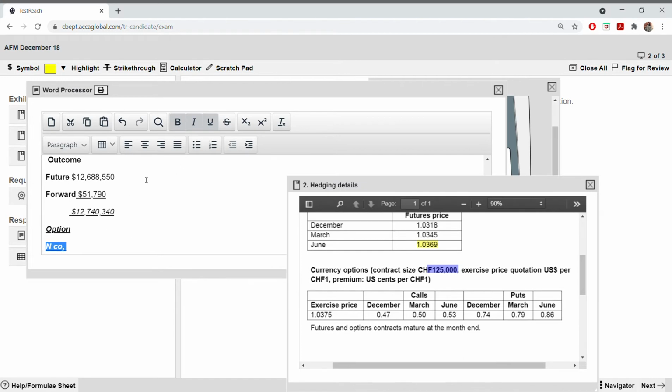Sorry, it's underlined, so you have to remove it. Okay, wait a minute. Yes, it's removed.